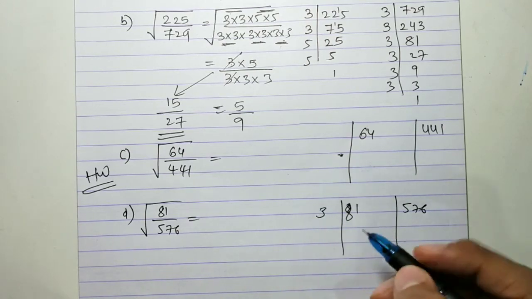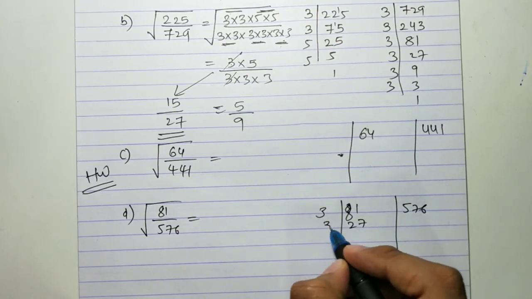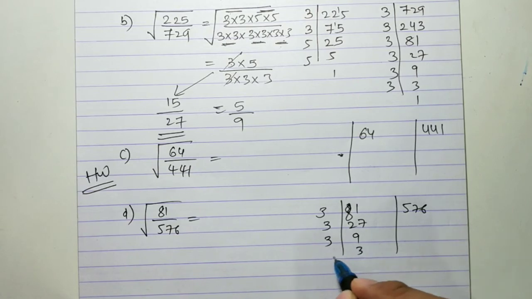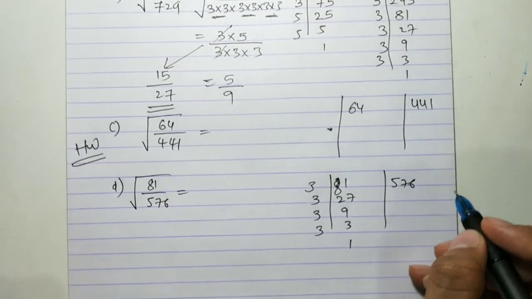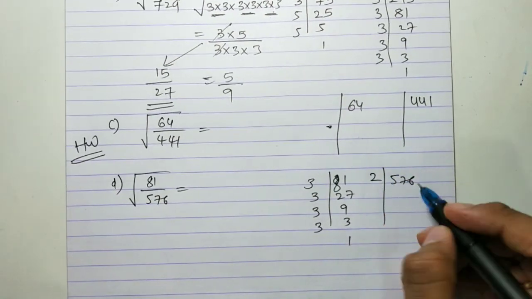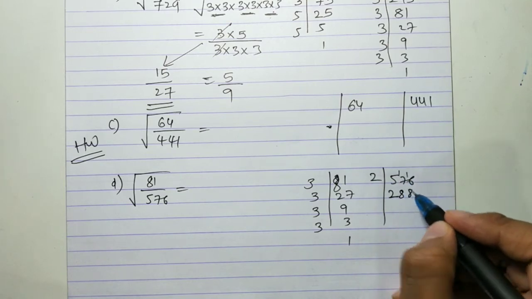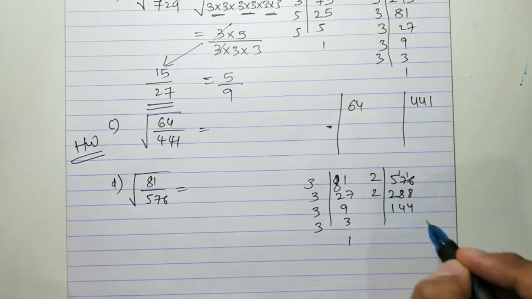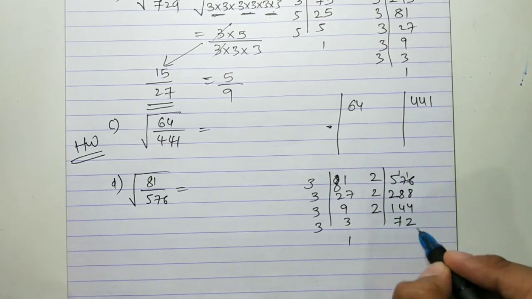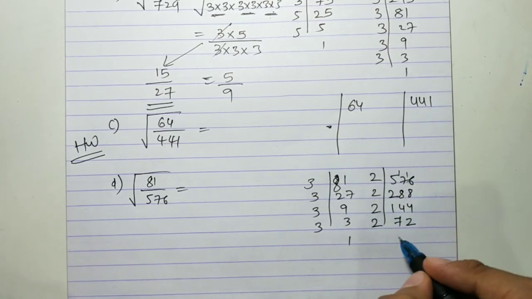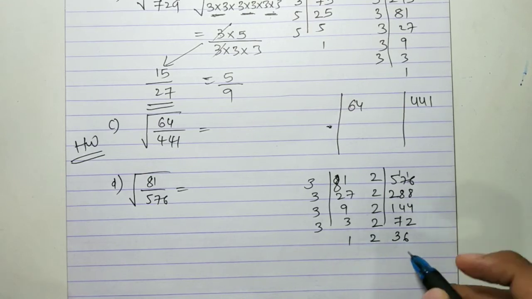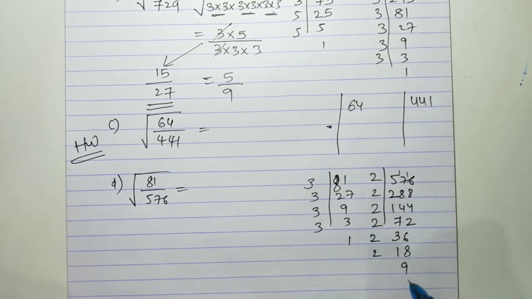So 81 is 3 27s, 3 9s, 3 3s, 3 1s, and 576 start with 2 2 2s, 1 carry over, 2 8s 16, 1 2 8s, 2 1s 4 4, and 2 7s, 2s, 2 3s 6, 2 18, 2 9, 3 3 3 1.